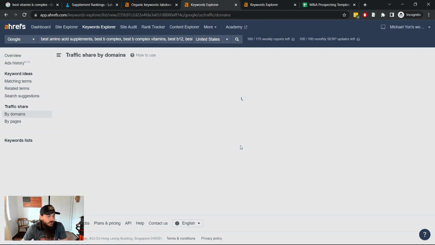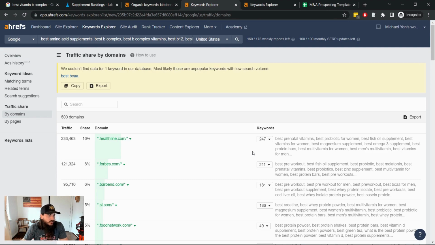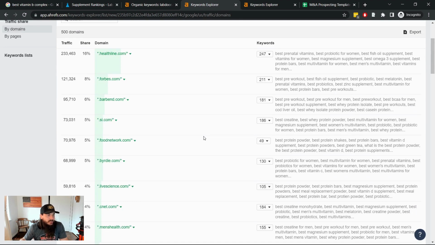And then this is going to basically be a stacked ranked list of all the sites that have the most estimated traffic according to Ahrefs click-through rate curve, which isn't perfect, but gives us a decent view of who has the most market share, traffic share within that group of keywords. And they're going to give you the top 500 domains across that keyword set that you're analyzing.